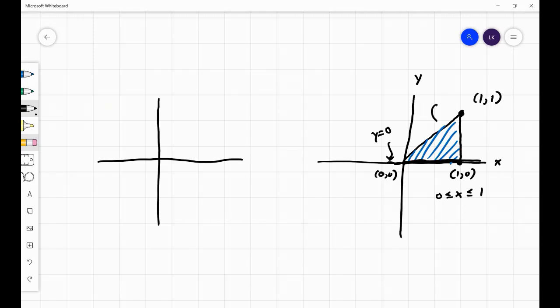Then y increases and it hits the line where y equals x. So we can say that y is between 0 and the line y equals x. So it's a triangular region.